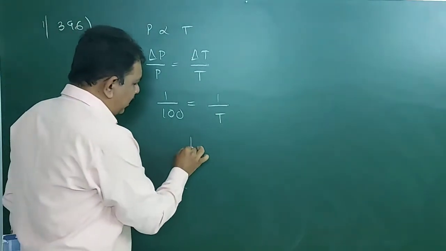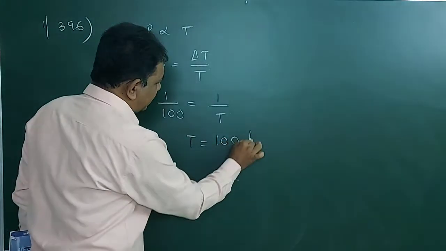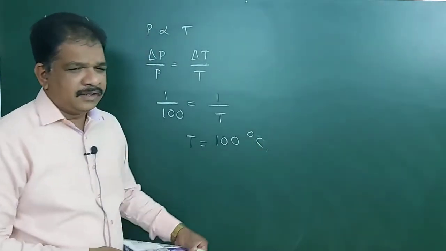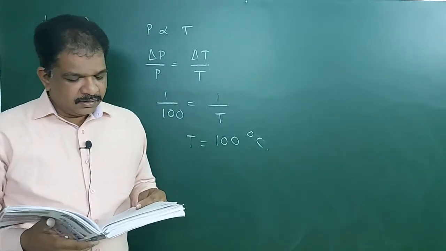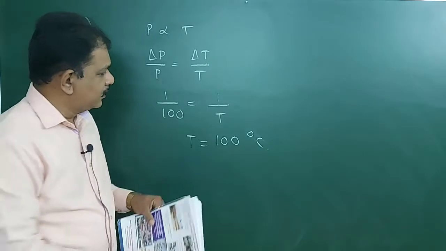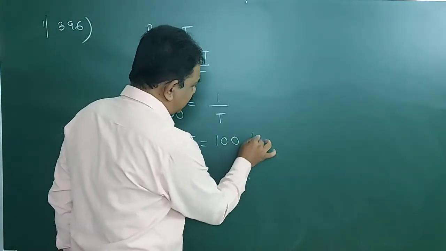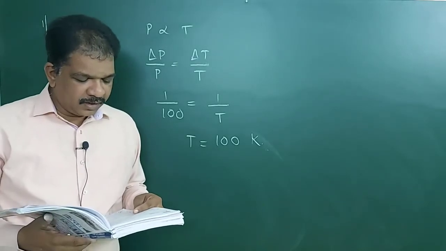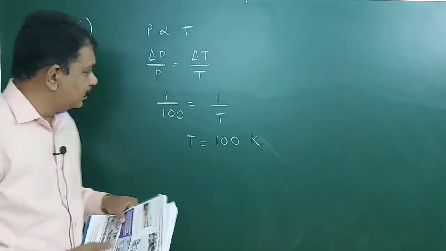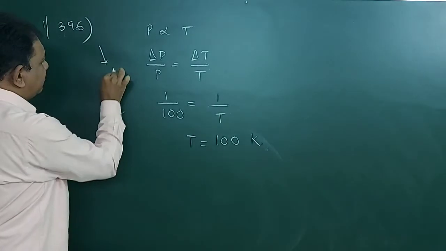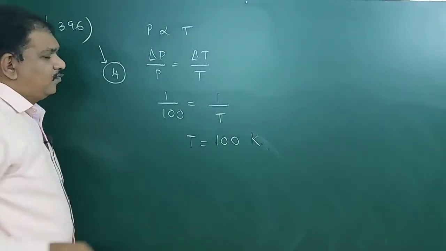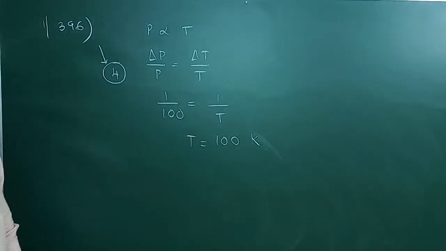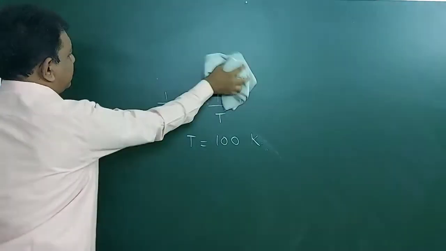So then we will get the T value as 100 degree centigrade. We can consider it as 100 Kelvin. So T value will be 100 Kelvin. So for the first question, it will be the fourth option.